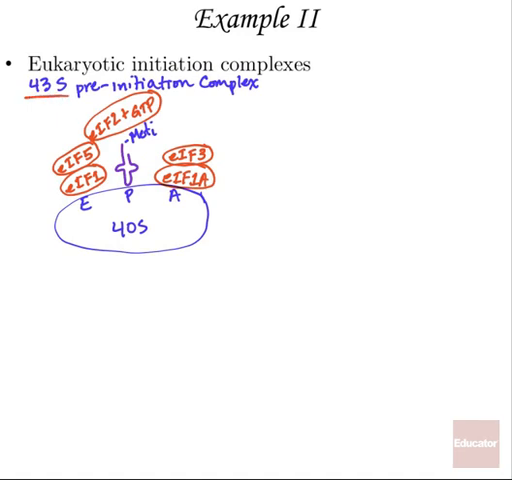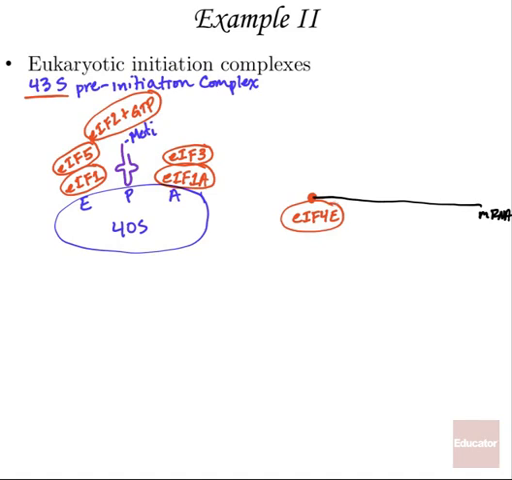Now if we talk about our mRNA, let's just say here we have our cap. I'm going to draw it in the non-circularized form just so we can see it easier. So we have EIF4E bound to the cap.